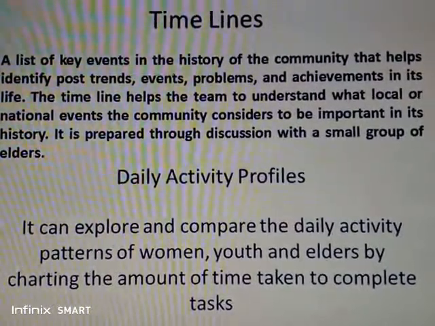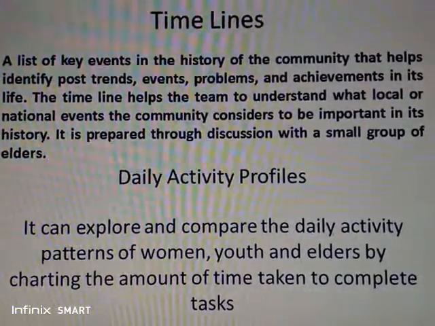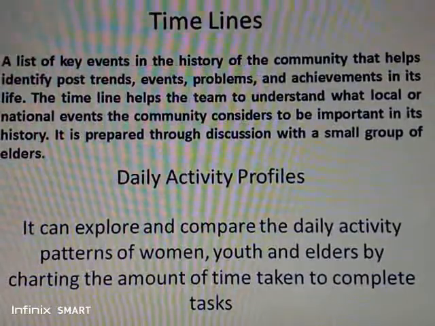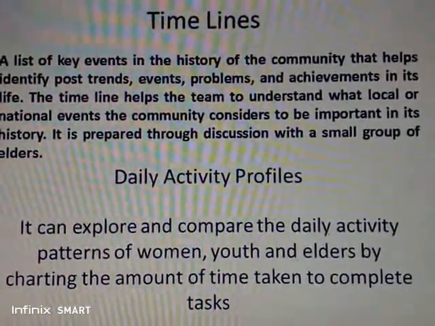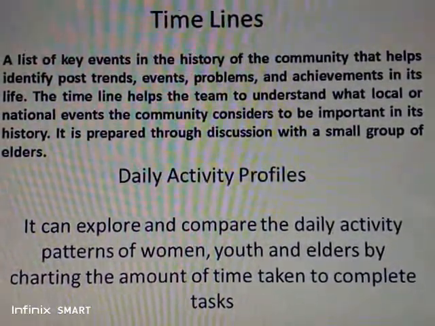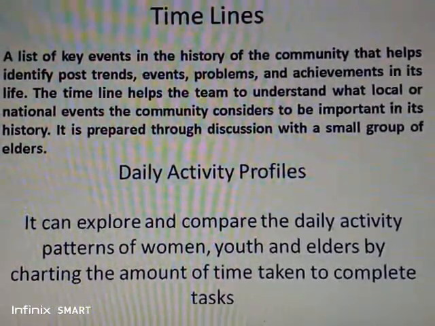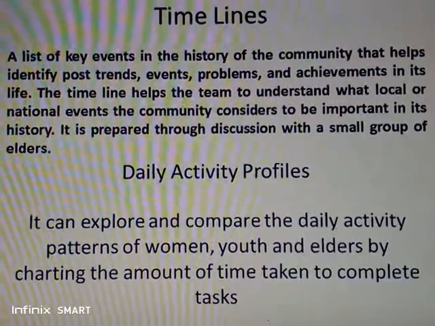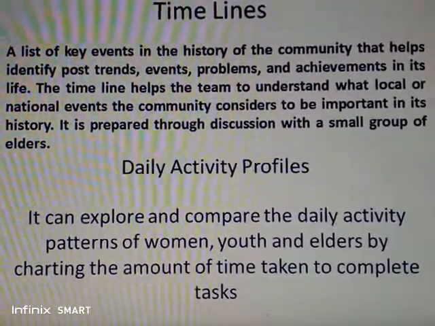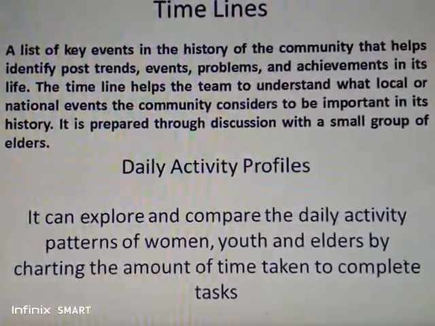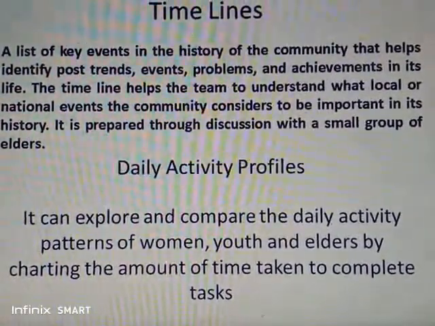It compares community activities month by month across sectoral boundaries. It identifies cycles of activities that occur in the life of a community on a regular basis. These yearly cycles are important in determining labor availability and timing for project activities.